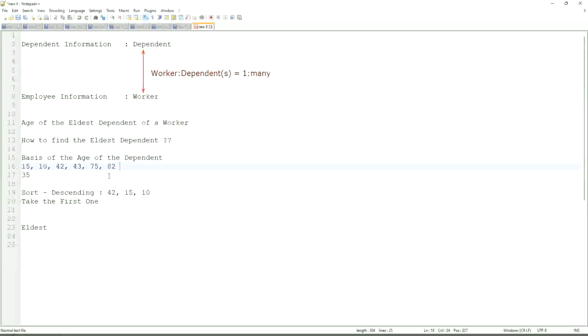If one worker has so many dependents, which these are their ages, will our logic that we have defined is absolutely bulletproof? Right. Only one problem is if there are multiple dependents with the same age. Right, if there's only children as dependents, and there is a twin the same age. So yeah, at that point it becomes difficult, but other than that it is more or less foolproof.